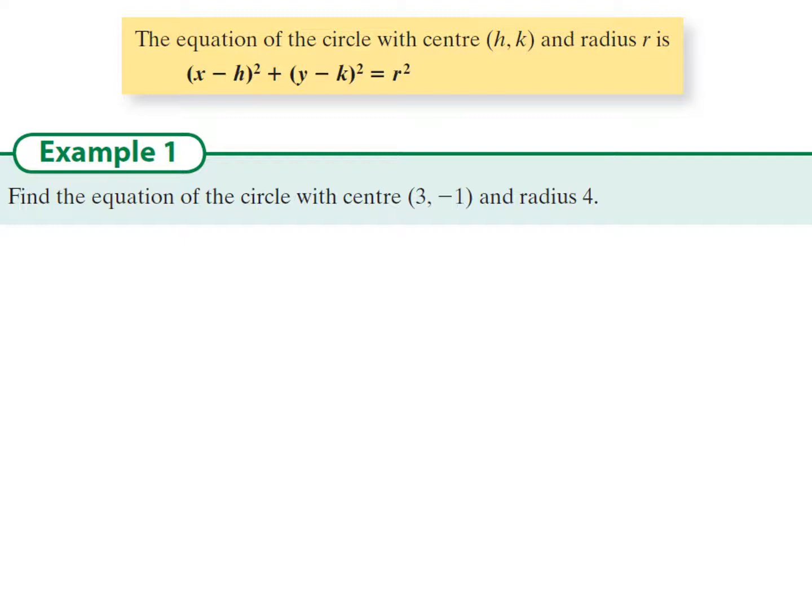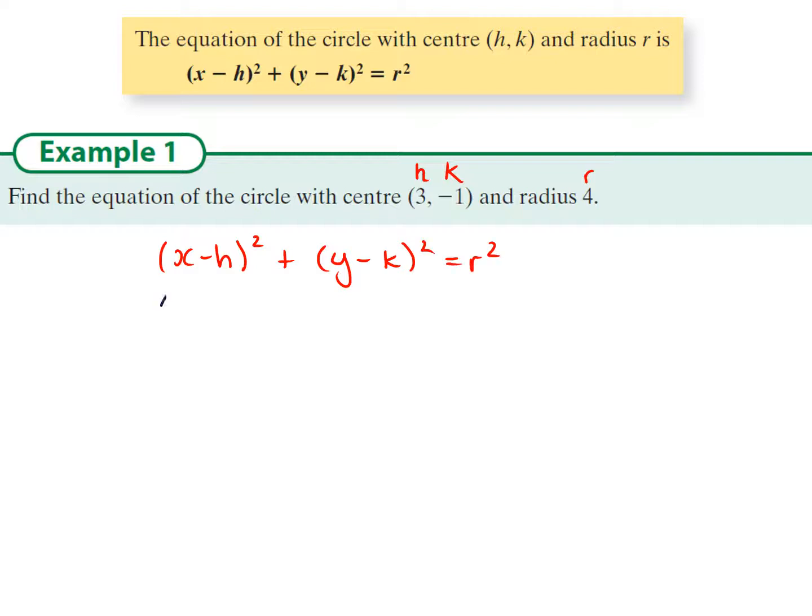Just like normal, we're going to label. My center is (h, k), my radius is r. I'm then going to write my formula, x minus h squared plus y minus k squared equals r squared.